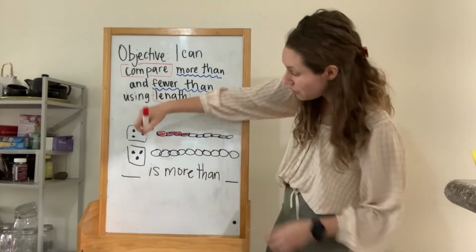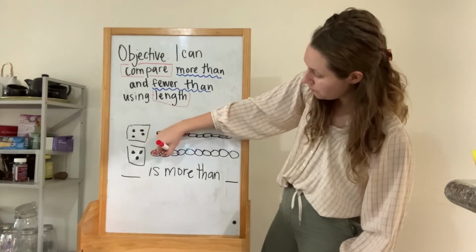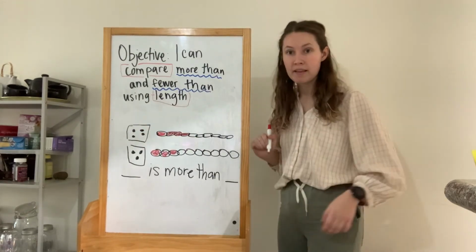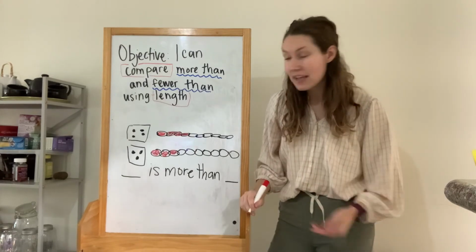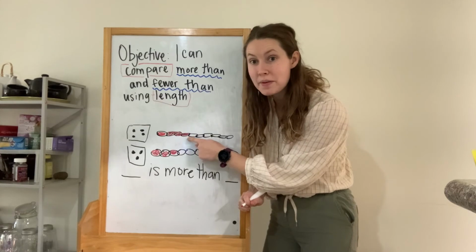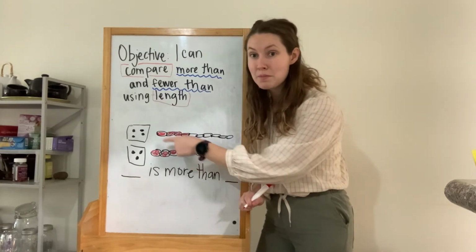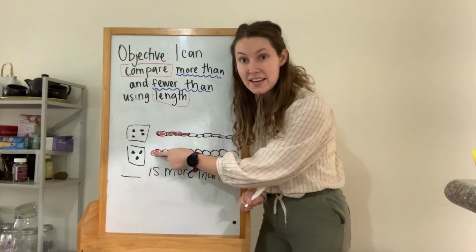Okay, let me look at my other dice. Only 3, so this time I'm only going to color in 3. 1, 2, 3. Now I can see that this looks longer than this. I have more beads up here colored in than I have here. So that means that my number 4 is more than 3.